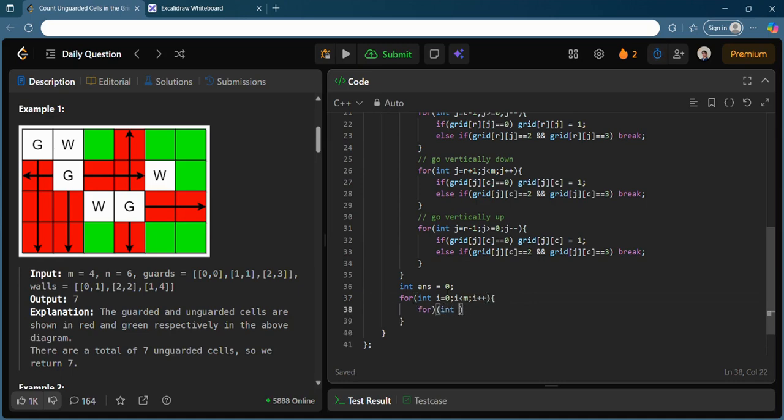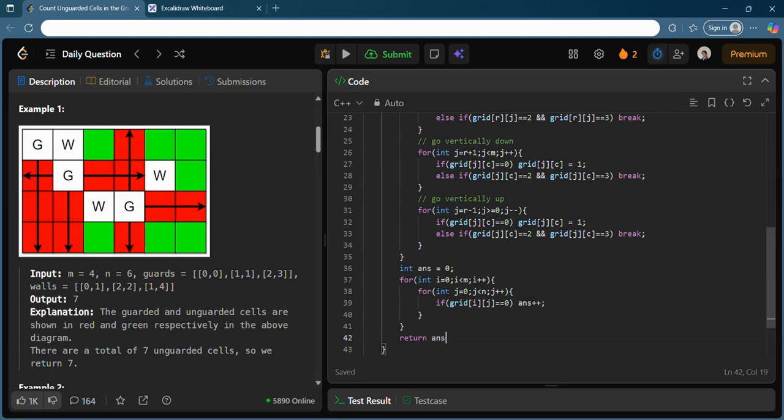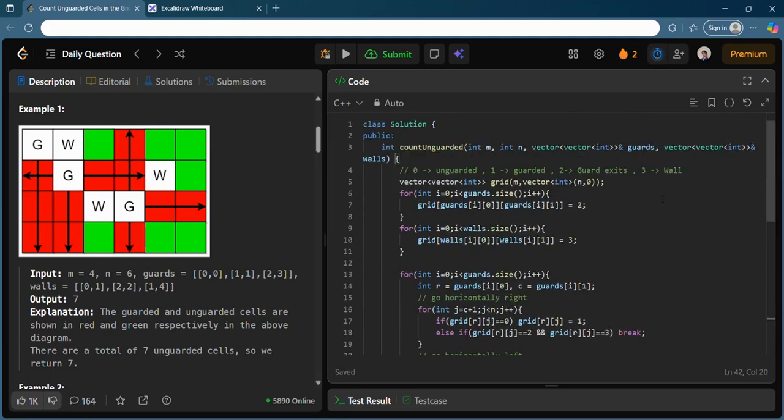Okay, so you simply iterate through the grid and just count how many zeros are there. As simple as that. So you have this iterator n, and whenever you see if grid of ij is 0, I will do an answer plus plus, and that will be all. You can just simply return your answer. That will work just fine.